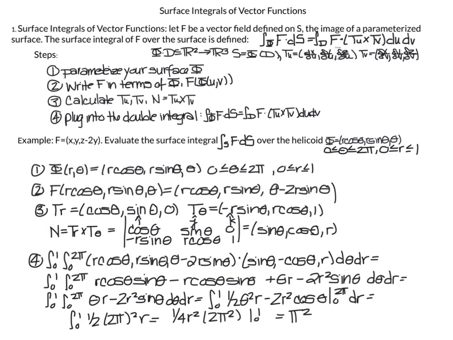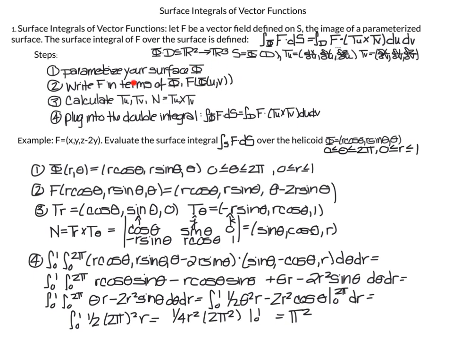To review what we've gone over, we are calculating surface integrals of vector functions, and we use this formula here, and I've broken this down into 4 steps. First is to parameterize the surface that we're integrating our vector field over. The parameterization we call phi. We write f in terms of phi, so for the vector field that we're integrating, we do the function composition of f of phi.